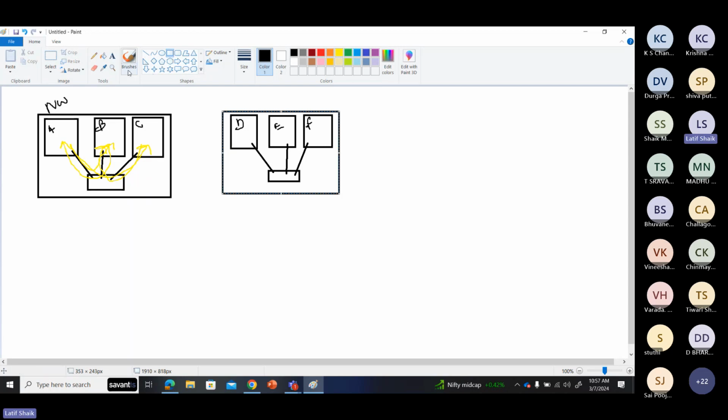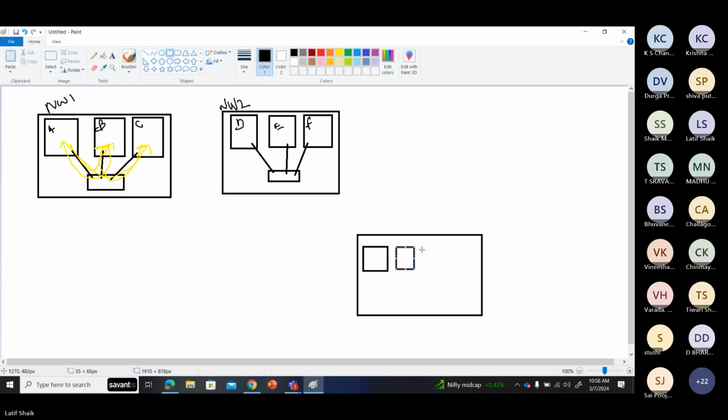This is another network, this is network one, this is network two. This is another network, simply representing a LAN network like that.